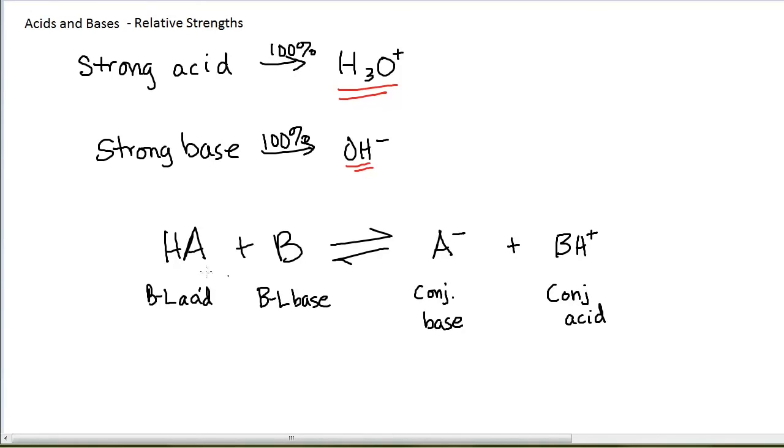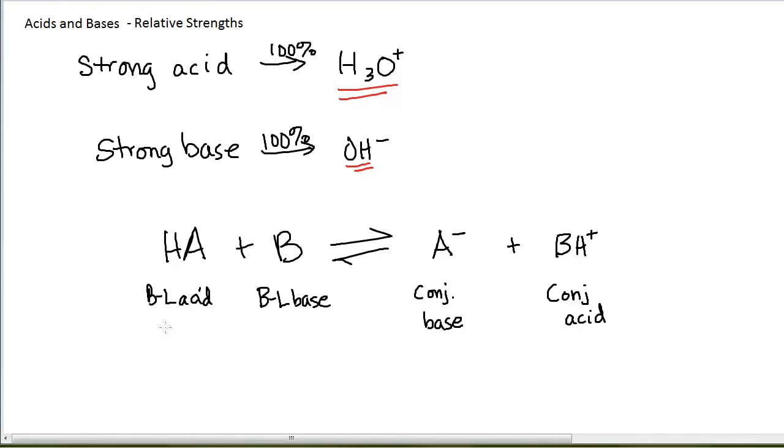In this generic weak acid, weak base reaction, I have conjugate pairs. Whichever side of my reaction has the stronger acid and base, that will be the side that will proceed farther to the other side. That sounded a little weird.